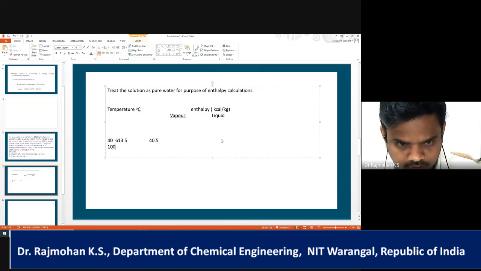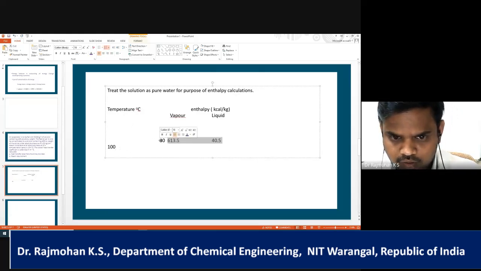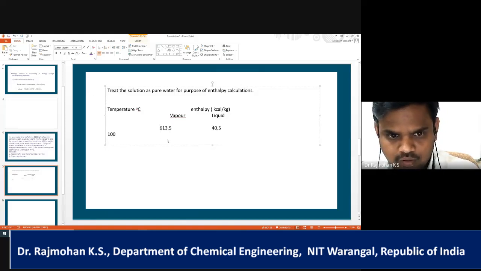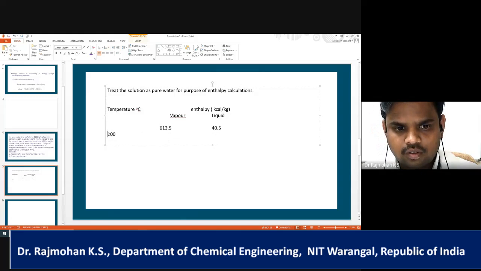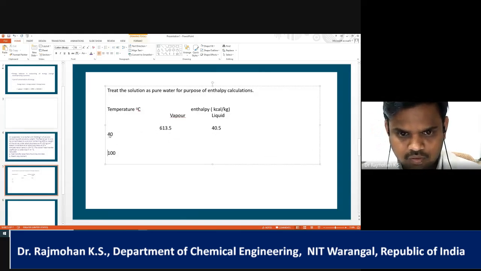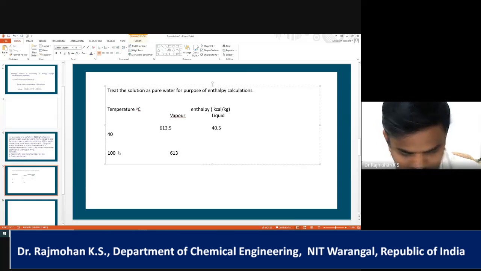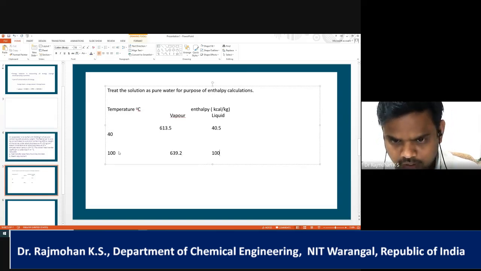Then we have 100. So for 100, the values are 613, 639.2 and 100.